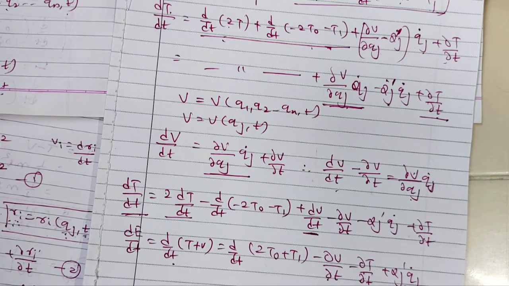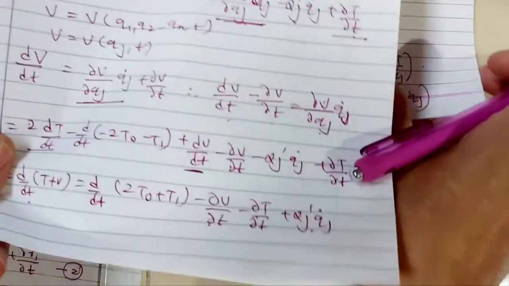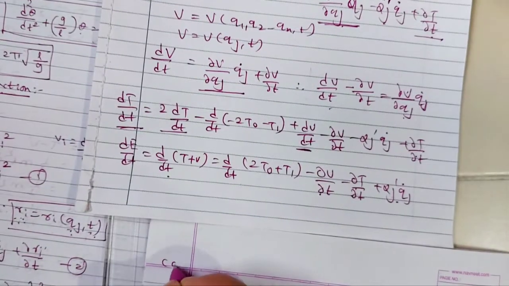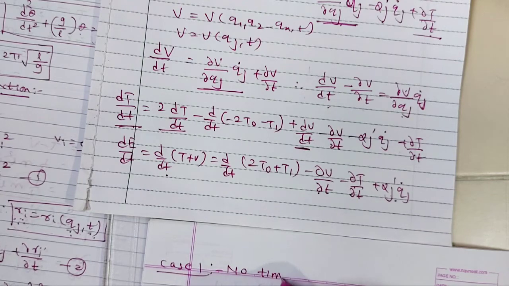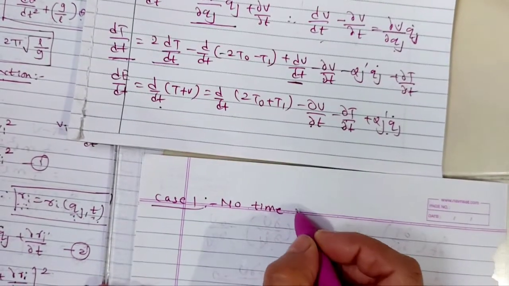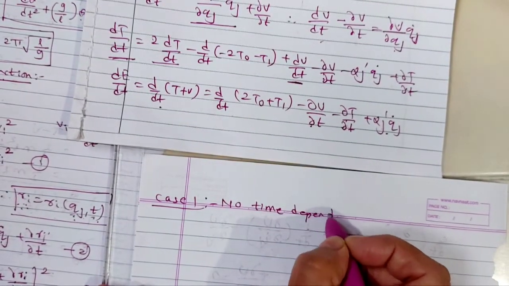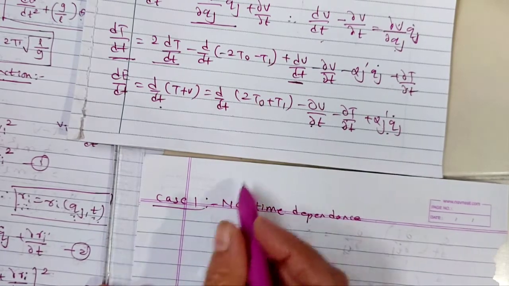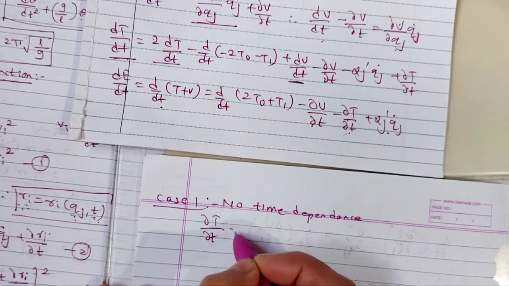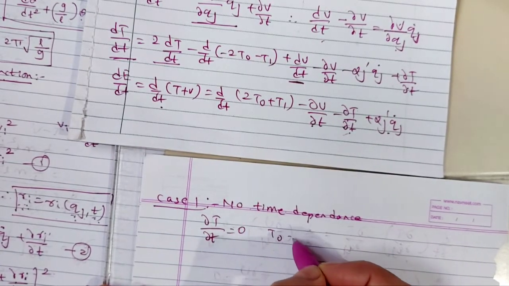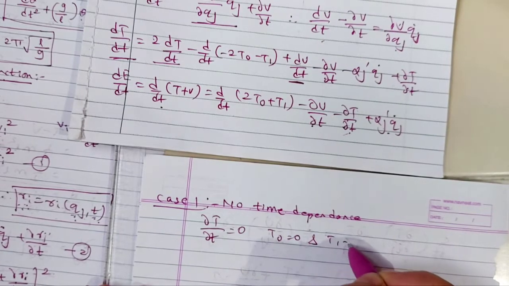Clear? After knowing this, now we need to study the two cases. What is case number one? Case number one is no time dependence. It is not depending on time at all. Then ∂T/∂t will be 0, obviously. Which means T0 is 0 and even T1 is 0.